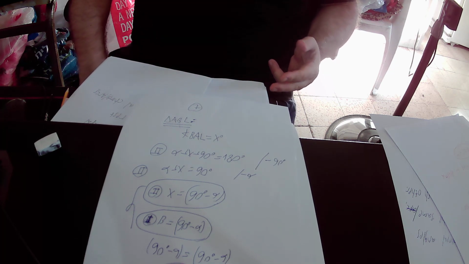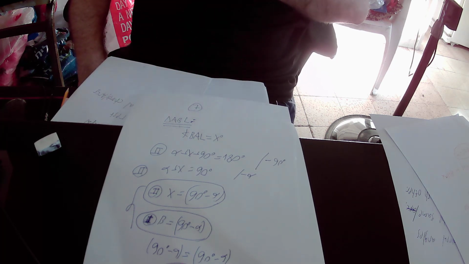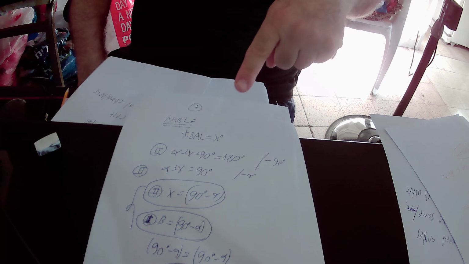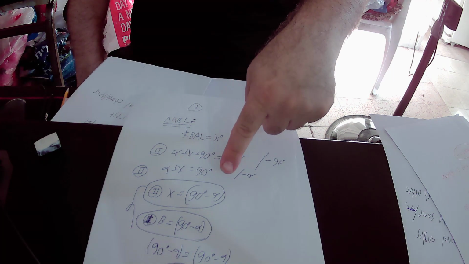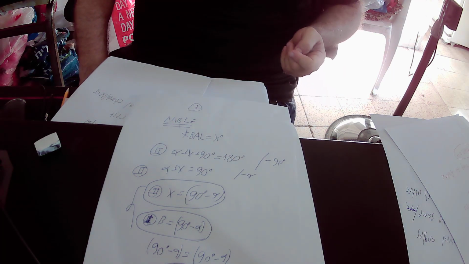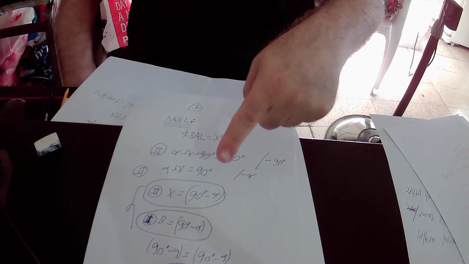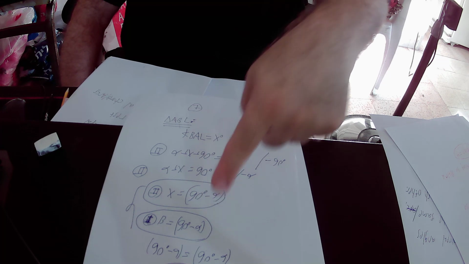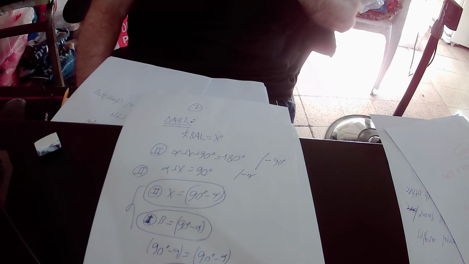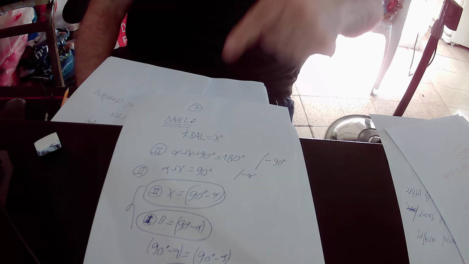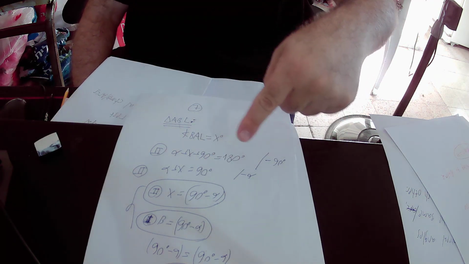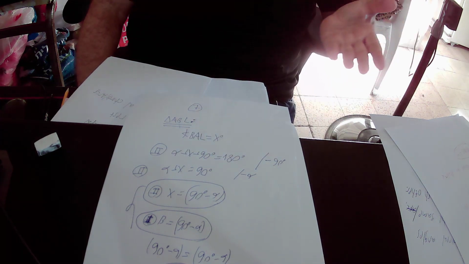So we got for equation number 2 that angle x equals 90 degrees minus alpha, but we know from equation number 1 that beta also equals 90 degrees minus alpha. Okay, so x equals 90 degrees minus alpha and beta also equals 90 degrees minus alpha.